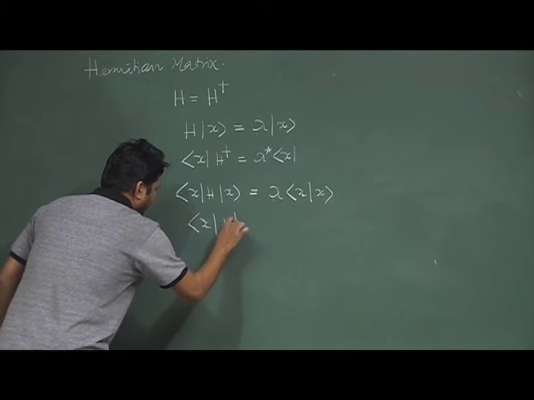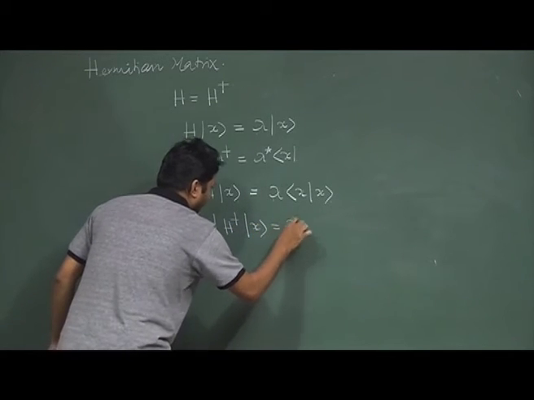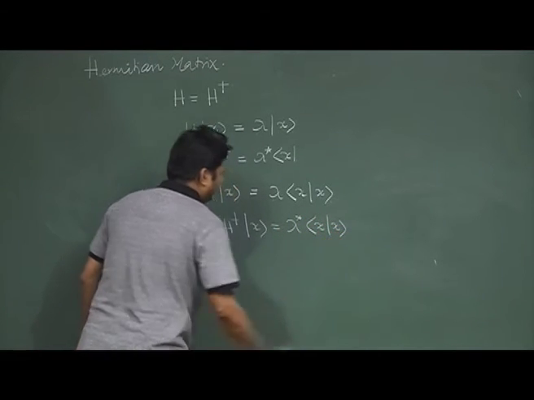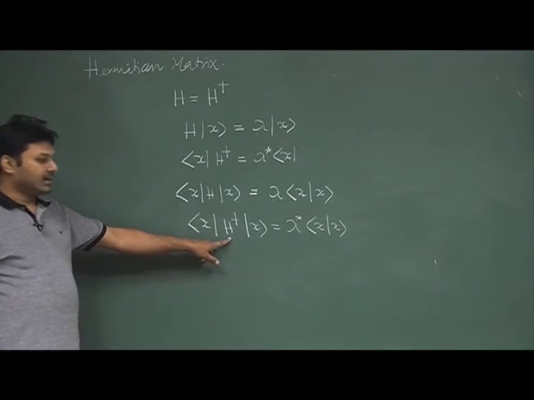Using this equation, however, we have x H dagger, this quantity, but H and H dagger are the same thing.